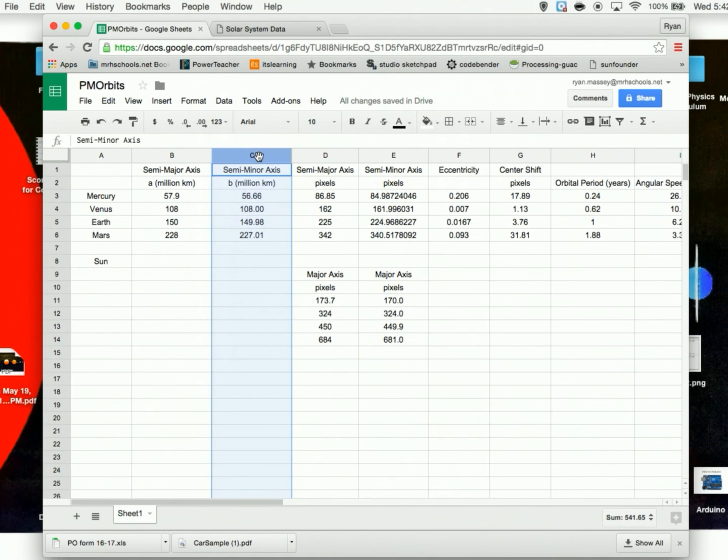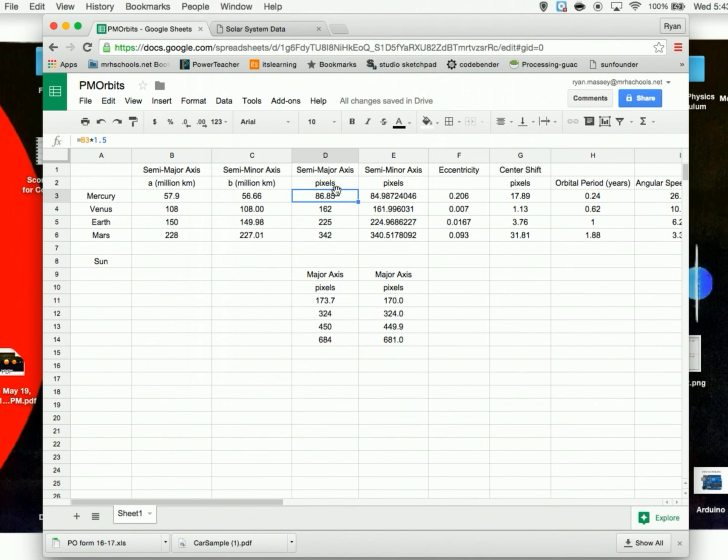Then I scaled them to pixels so that the numbers made sense for a processing sketch. And I decided after looking at it that multiplying the orbital distance in million kilometers by 1.5 scaled it up a little bit into pixels and gave me numbers that kind of made sense.